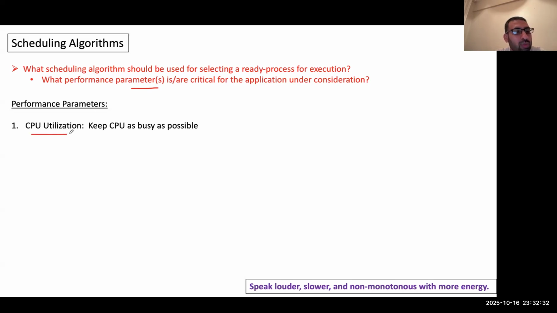One is CPU utilization, which is the basic motivation behind having CPU scheduling, process scheduling, thread scheduling. CPU utilization means how well an algorithm keeps the CPU busy. If you have an algorithm which keeps the CPU busy all the time for a given set of threads, then that algorithm is a good candidate in the context of the CPU utilization parameter.